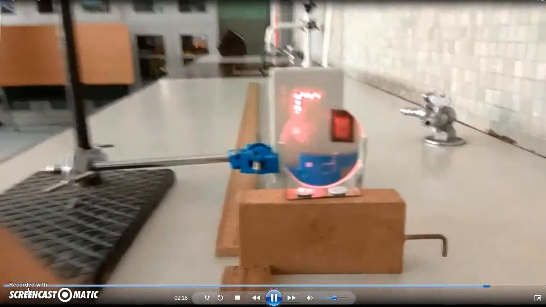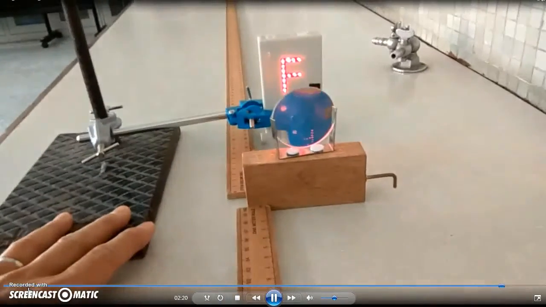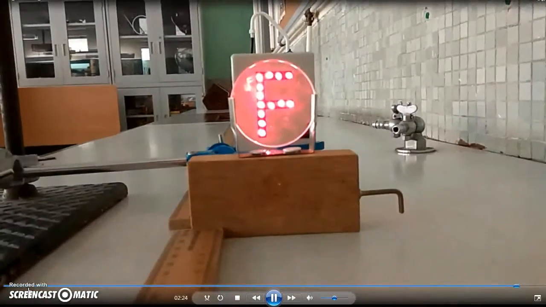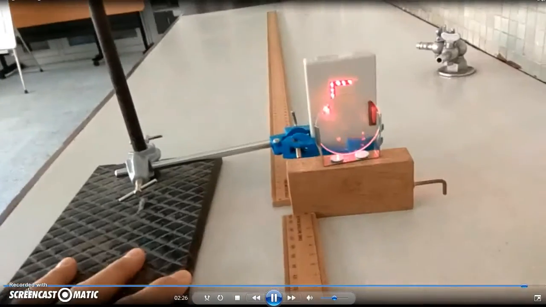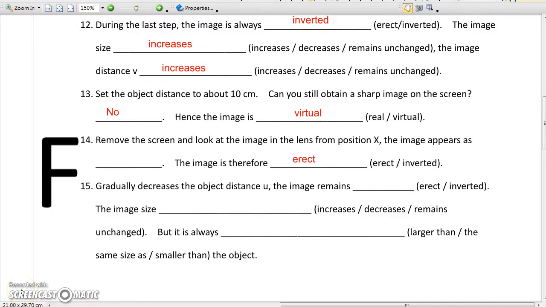We then move the object even closer, and even closer. And you can see the image is always bigger than the object, but it decreases in size when it is closer to the lens.